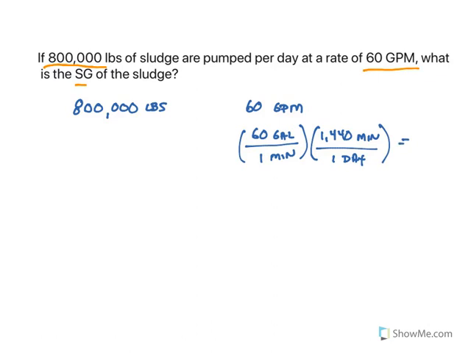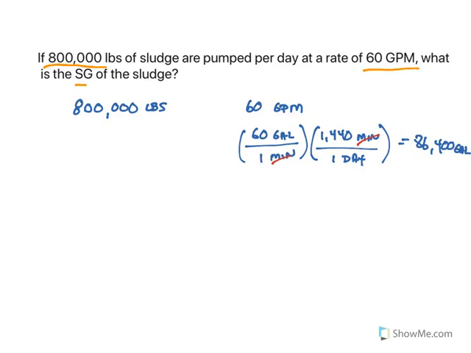So 60 times 1,440 equals 86,400 gallons. Of course, by setting this equation up this way, my minutes cancel out. So 86,400 gallons. Now I know that that's the number of gallons that I pumped.